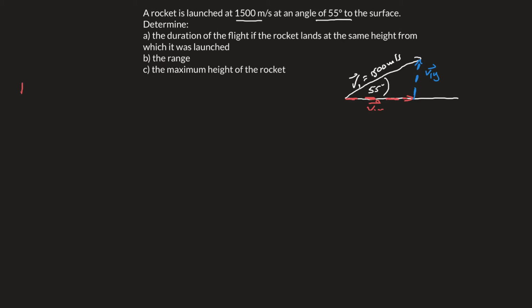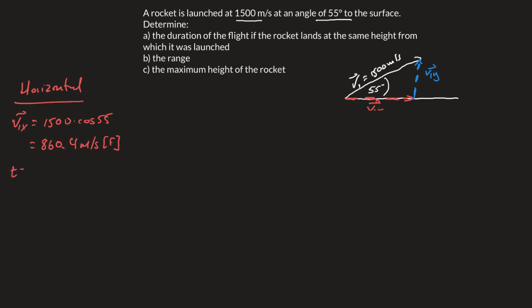Now that we have the time, we can start to deal with the horizontal component of our trajectory here. So we can start with our horizontal velocity, which is going to be 1500. This time it's times cos of the angle, so cos 55, which leaves us with 860.4 meters per second in the forward direction or in the right direction.